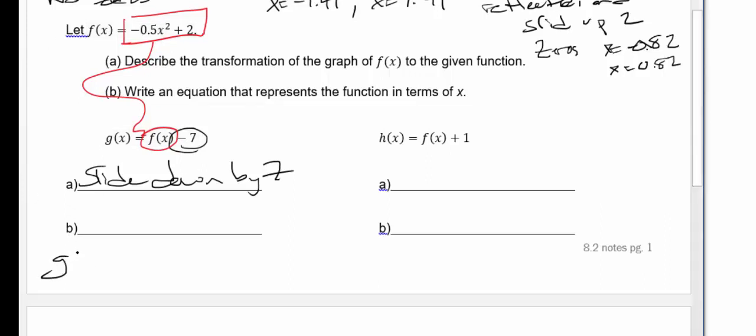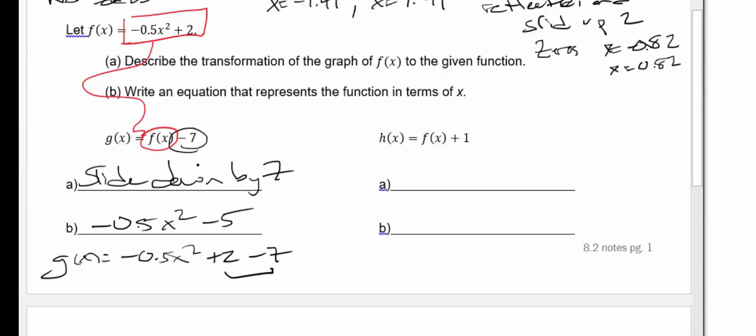So I think g is the rule for f, which is negative 0.5x squared plus 2, and then I take away another 7. And I can get a rule for g by combining the like terms. Looks like 2 and negative 7 will combine together to be negative 5. And note that negative 5 is 7 units below positive 2.